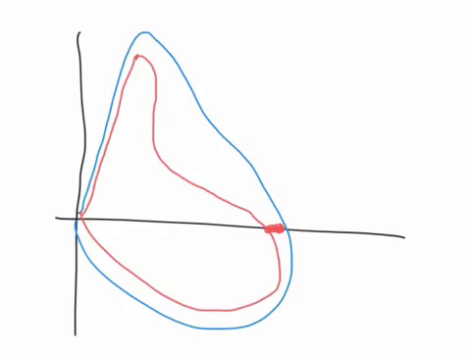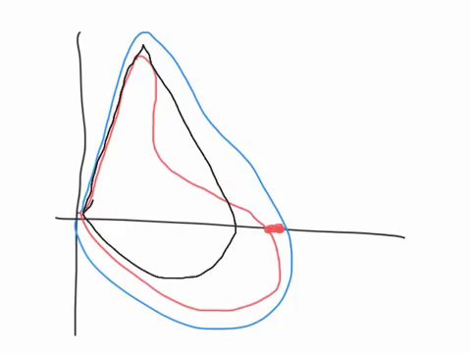Now I'm going to draw a restrictive process, and it's going to be in black, and you'll see that there's a marked difference in the total lung capacity and a marked difference in the forced vital capacity.